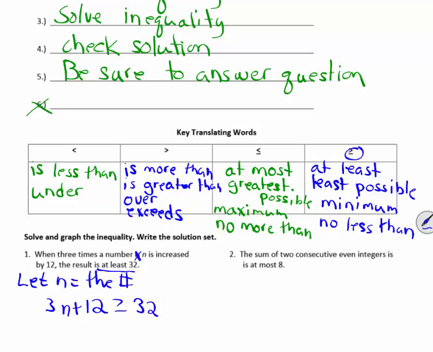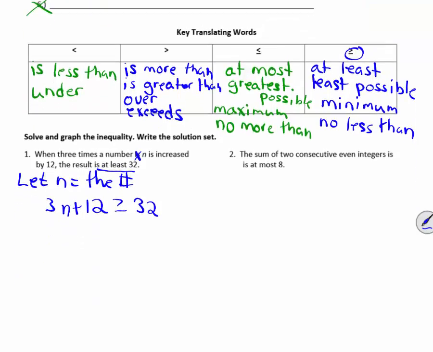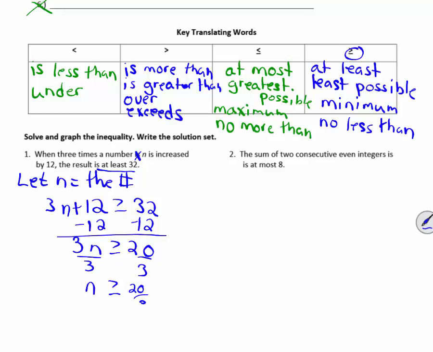And then from here, this is just a normal solving. We don't have to worry about breaking it up into 2 equations like we did with absolute value. So 3n is greater than or equal to 20, divided by 3. n is greater than or equal to 20/3. We're going to keep that. And then it asks us to write a solution set. You should always graph, solve and graph.